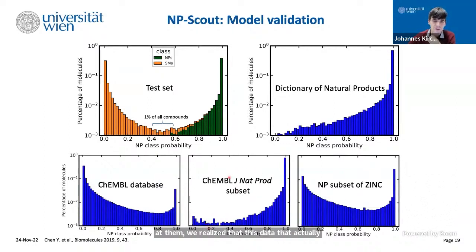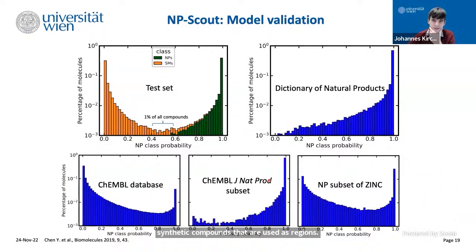So basically, this is not, as the name might suggest, a data set purely based on natural products, but it's based on any molecules that are reported in this journal, which happen to also, of course, include synthetic compounds that are used as reagents, for example, in biological assays.